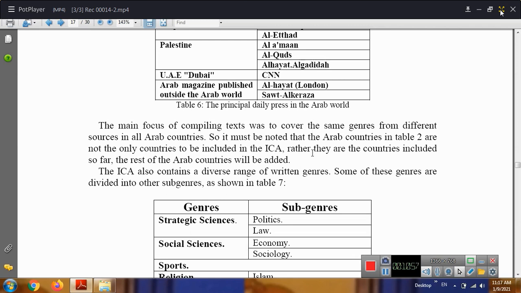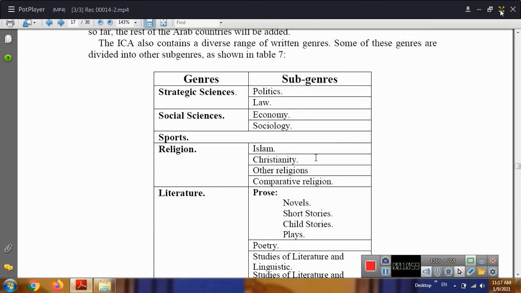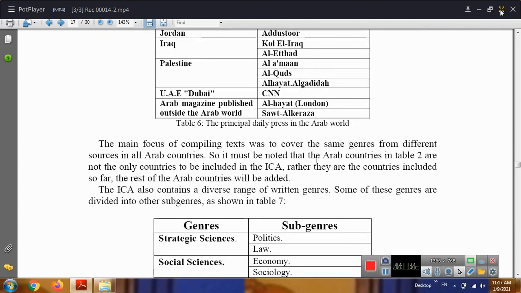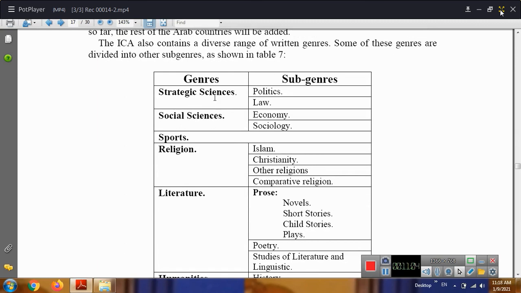You should know everything about the ICA because it is very important and it is very comprehensive.